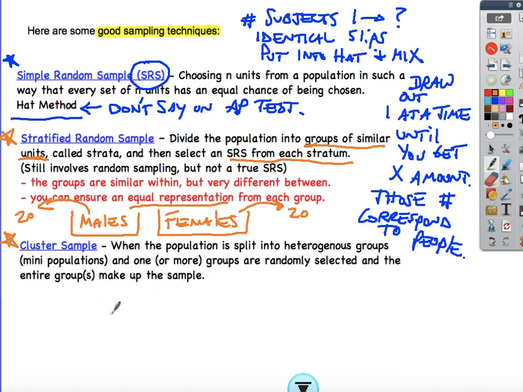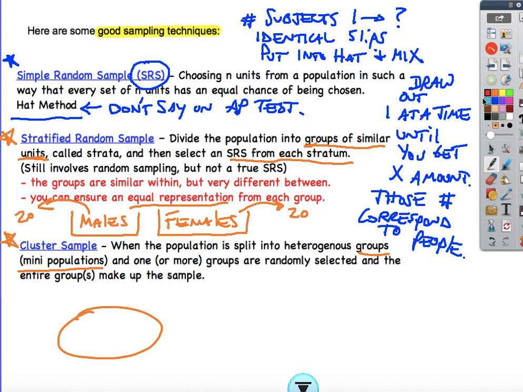Okay, cluster is when you separate into groups, except now your groups are mini populations. So back up in this strata, this is males, that's not a mini population, because if it was a mini population, it would have a mix of males and females. This is only males. In cluster, I would have a group, and in this group there would be a little bit of everything.